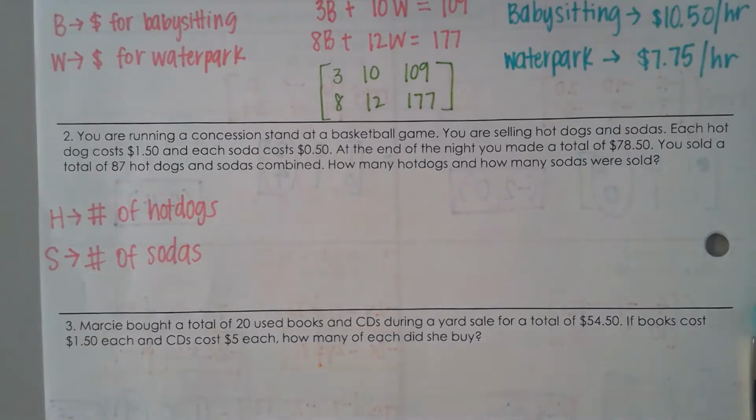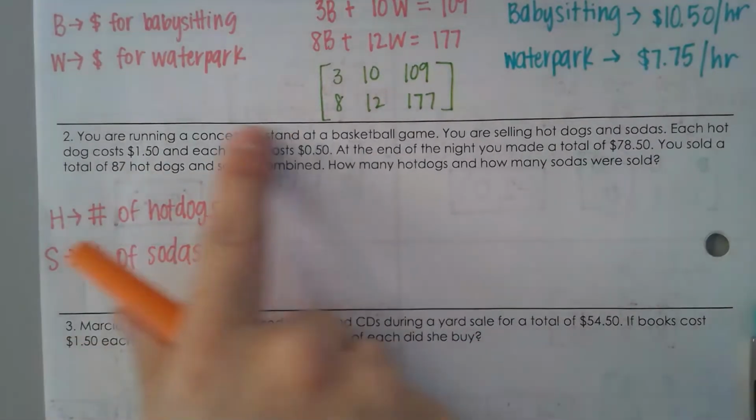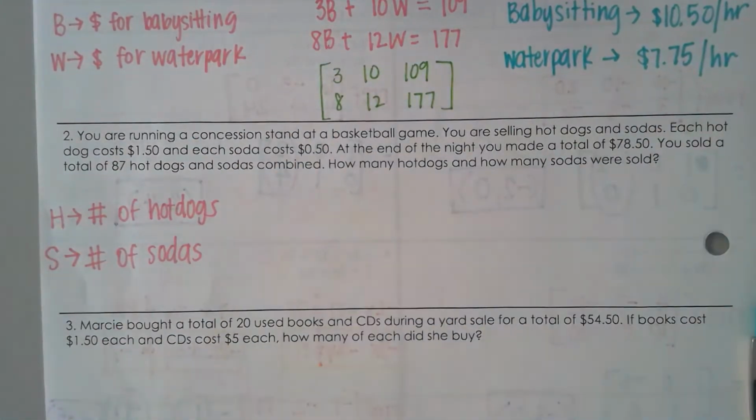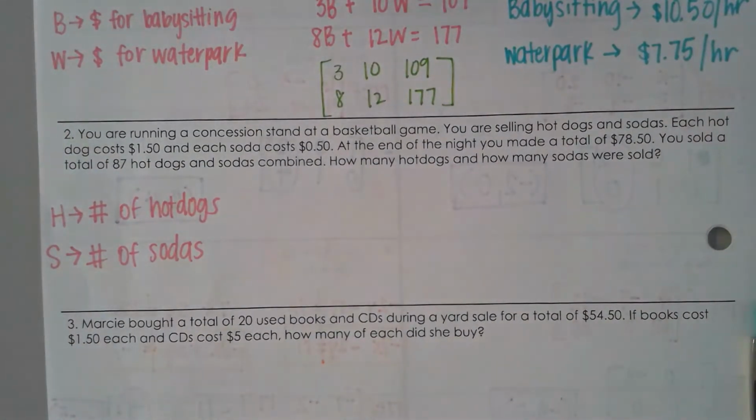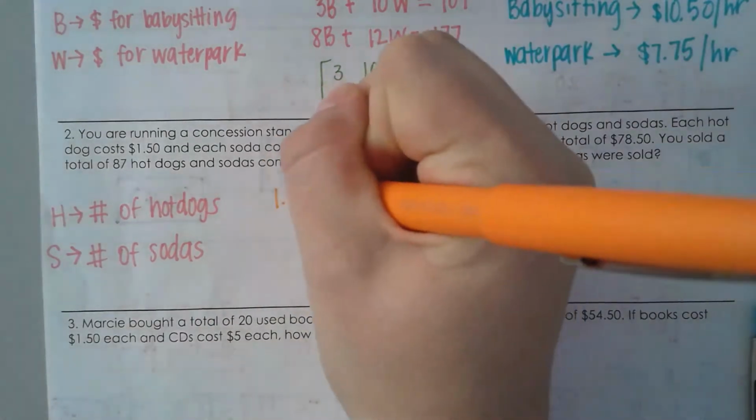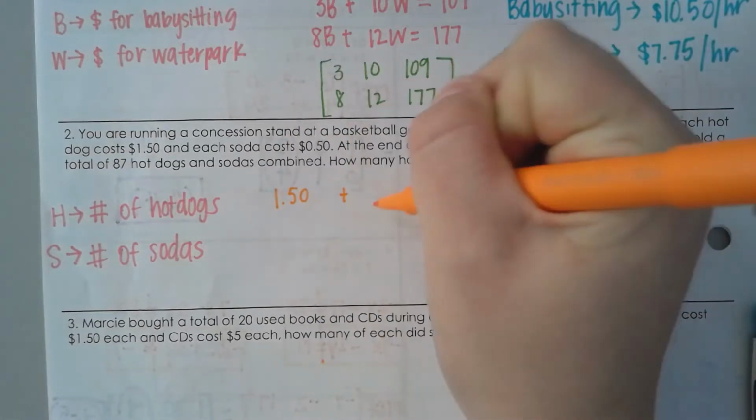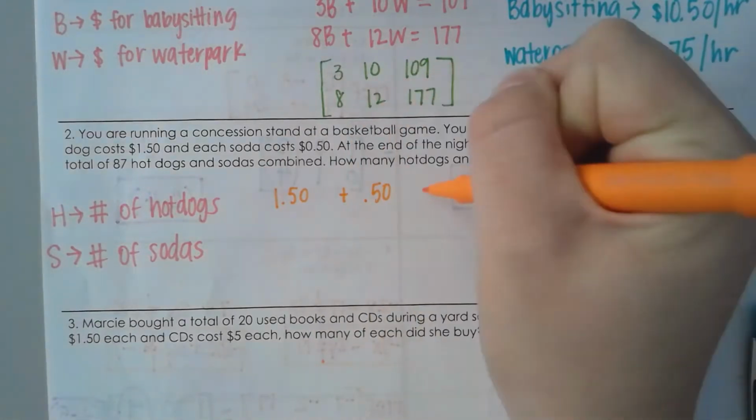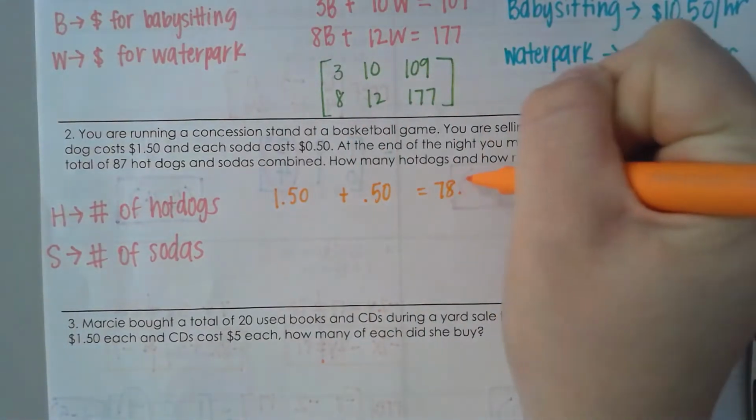Alright, so we first get some money information with a total. So how would I put that into an equation? So you said 1.50 plus 0.50 equals 78.50.